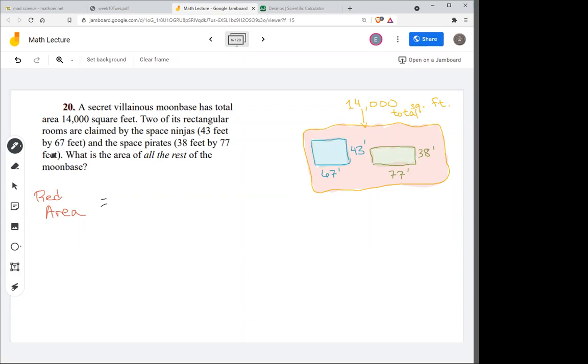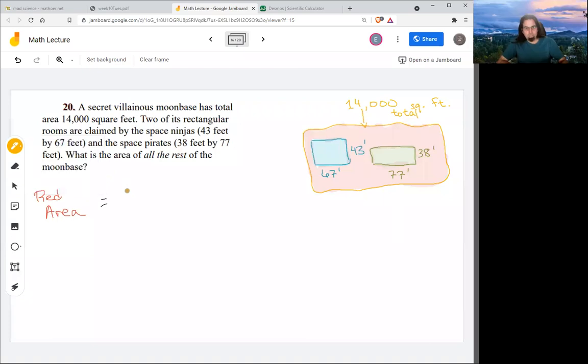The whole thing. I'll put the numbers in later.